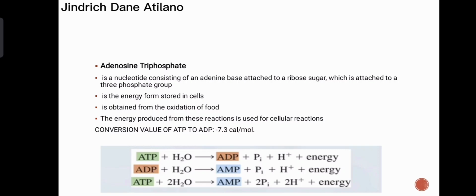If it is fully charged, you can say it is an ATP. But when it's running down, then you can say it is ADP. And when it is in a low battery state, then you can say it is an AMP.